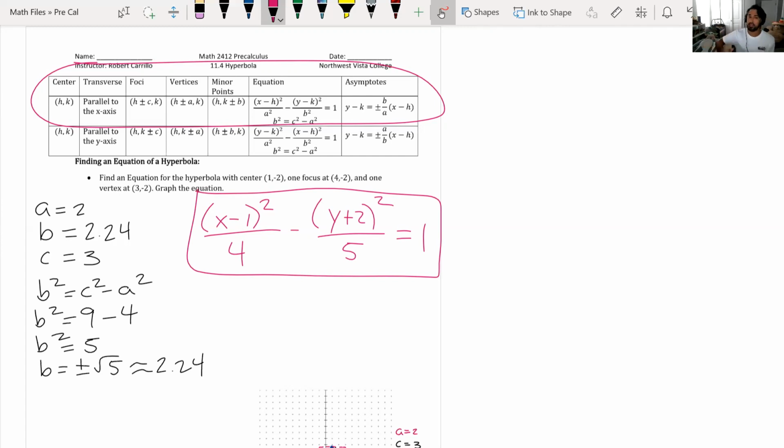There's the equation. Now let's find the asymptotes. Actually, we want to find everything, so let's go through the whole thing. We'll list the foci, vertices, minor points, and asymptotes.